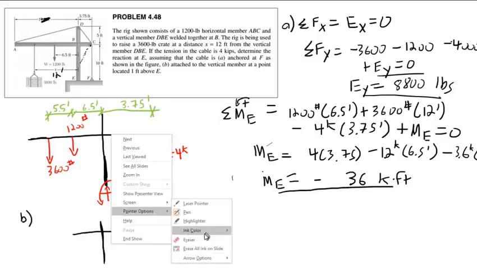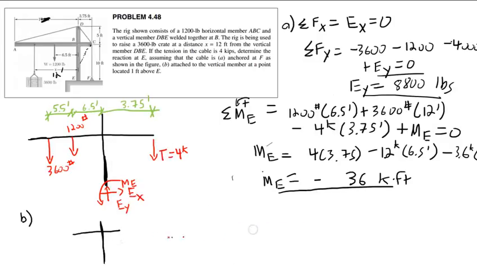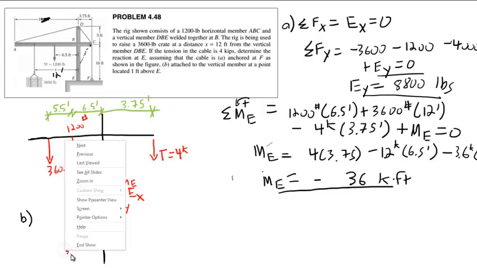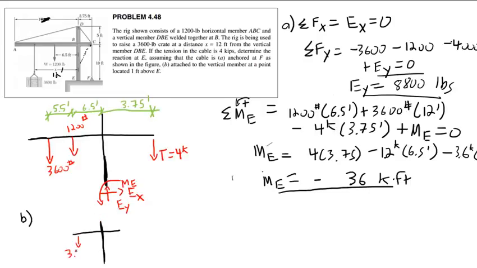So I'm still going to have the 3 reaction forces: the 3.6 kips, the 1.2 kips, and then the ME, the EX, and the EY.